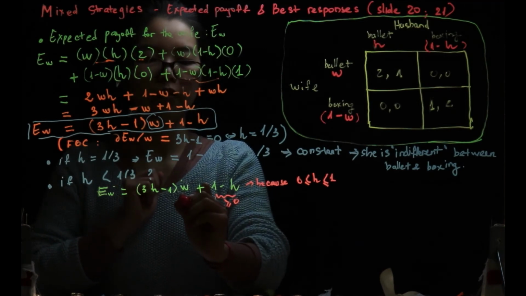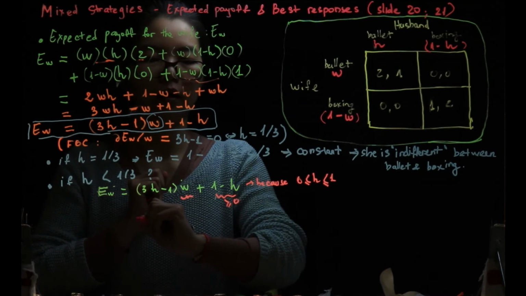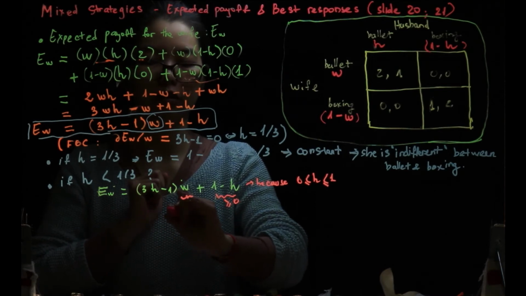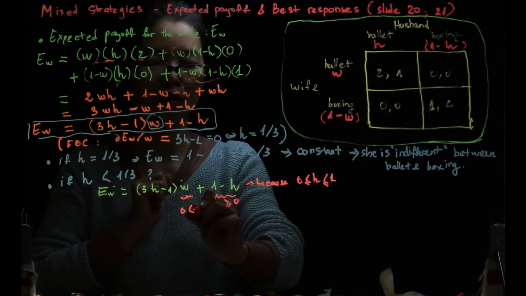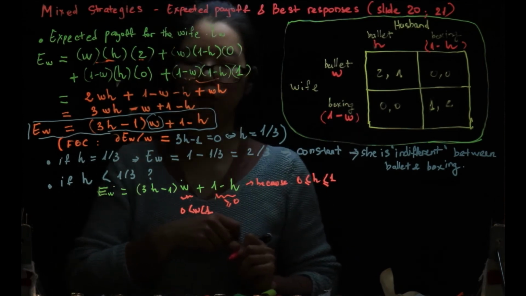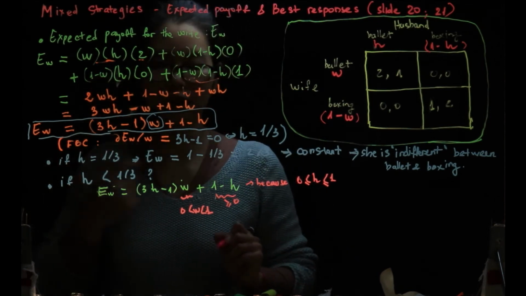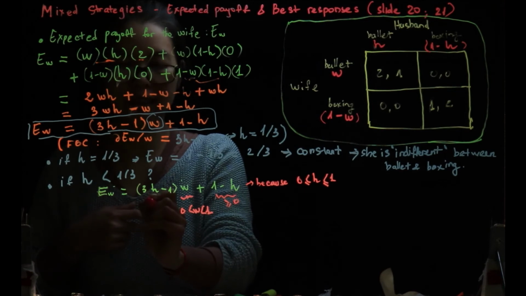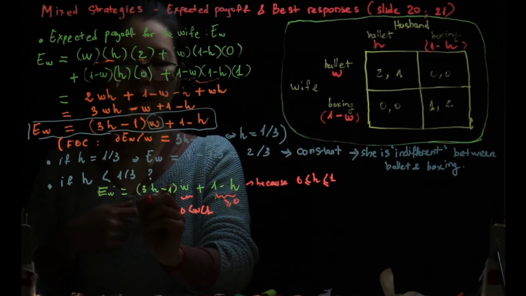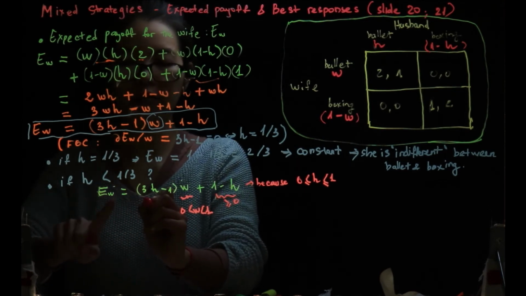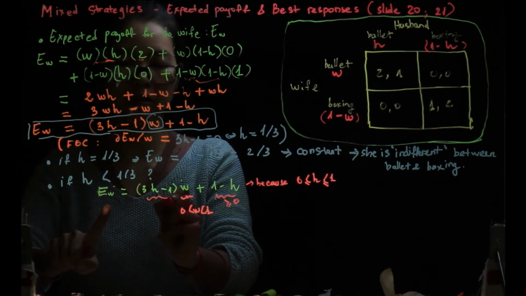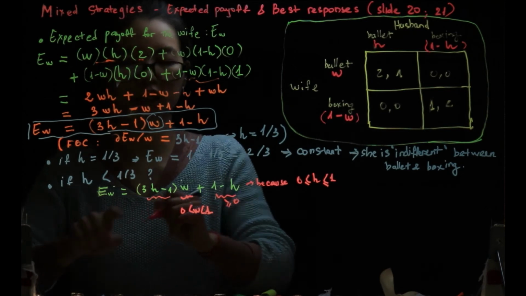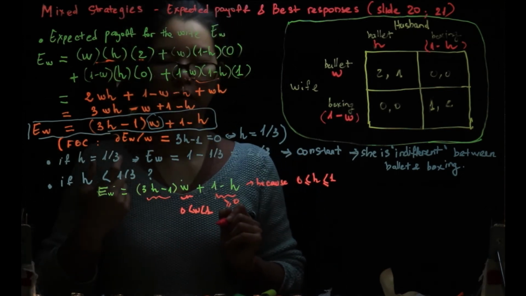So the wife's probability is also somewhere in between 0 and 1, positive. So consequently, how large the payoff of the wife will be depends on the term in the bracket, which is 3H minus 1, right?